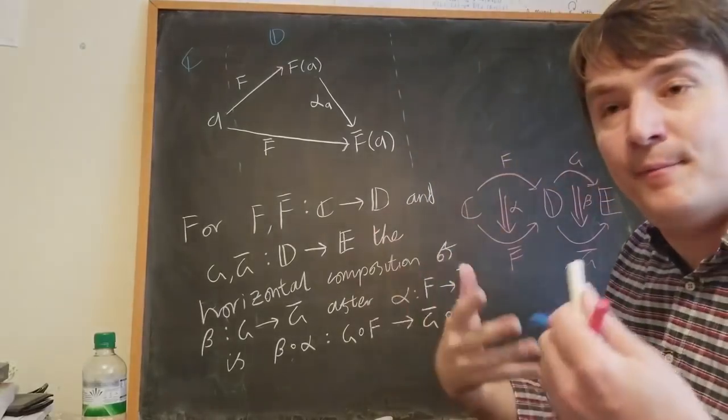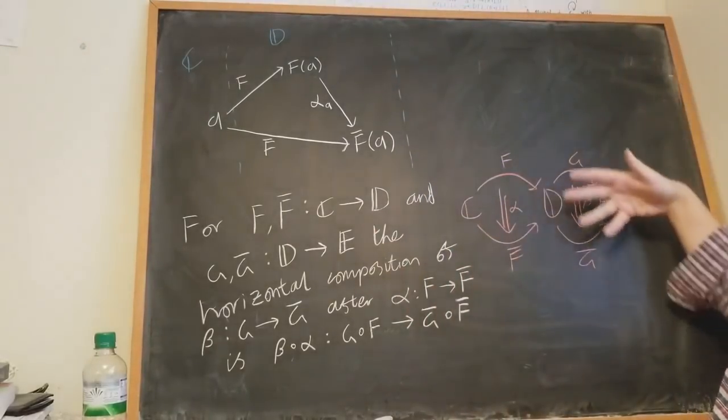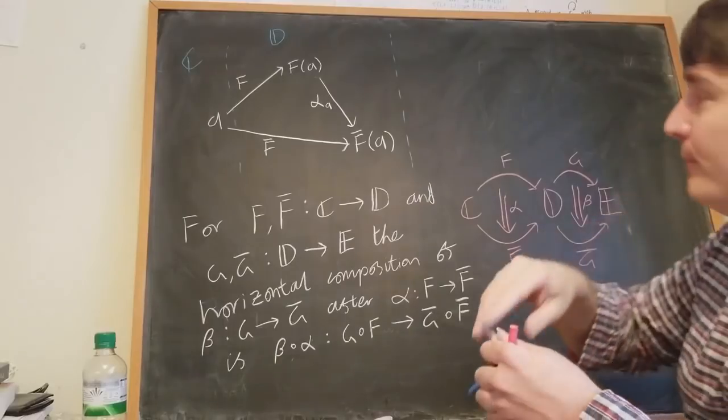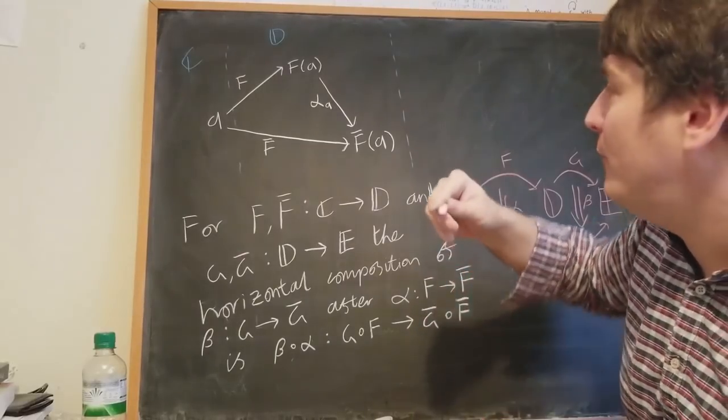The next step is to then apply these functors G and G bar. So they can give us different things.